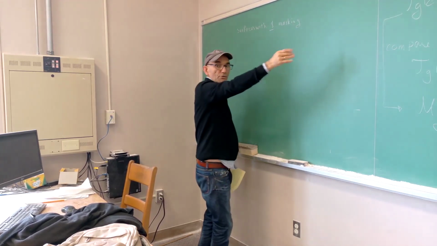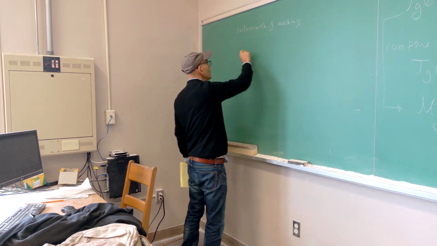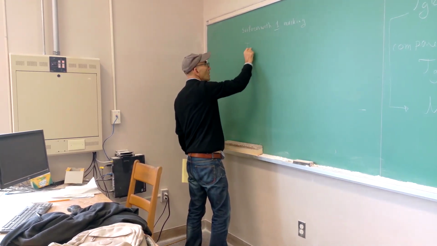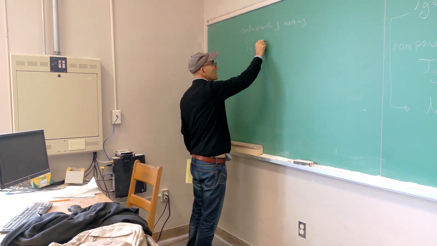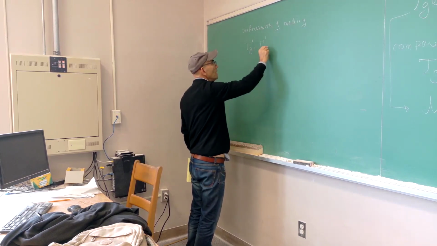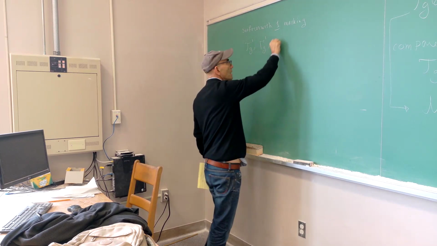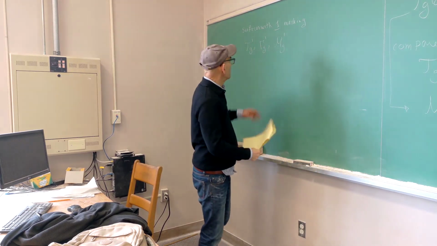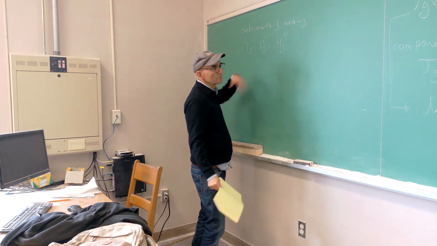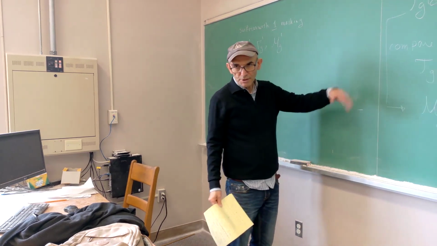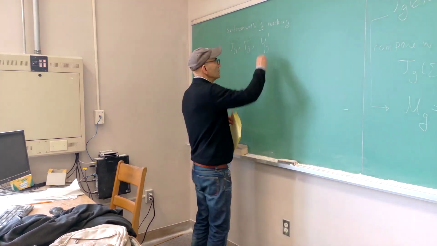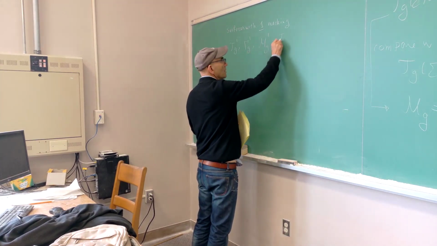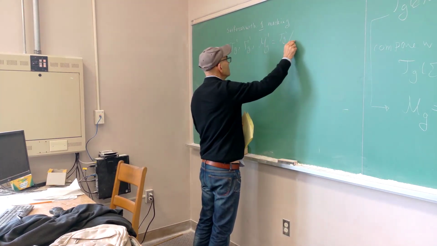We can define analogs of those objects: T_g1, then Gamma_g1, and then M_g1. So this is the Teichmüller space of surfaces with one marking, and the moduli space is T_g1 divided by the mapping class group.